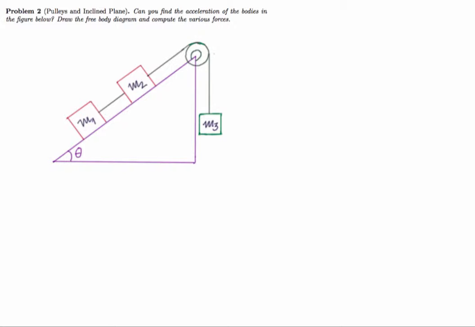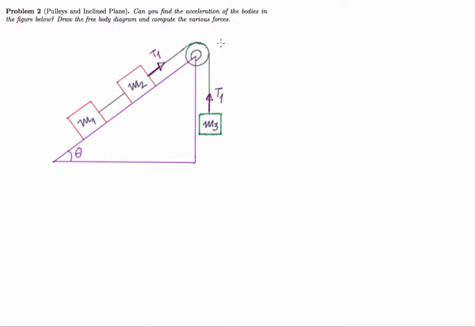Let me have a different color here. This will exert the force T1 on M2, and the same tension exists at the other places also on the string, that is T1 acting on M3 in the upward direction.